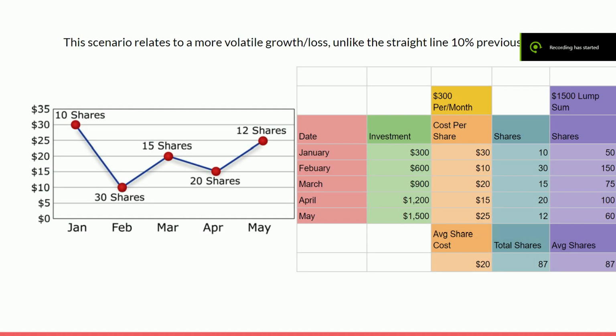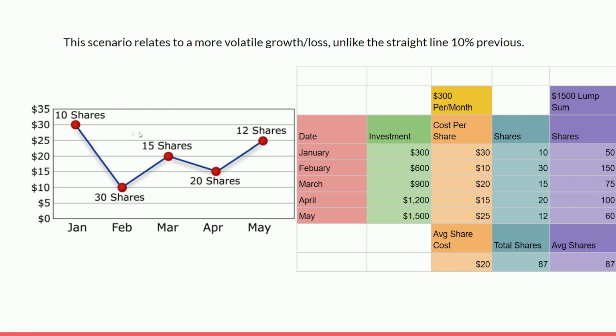Whereas in this scenario we have a more volatile market, and the trend is not a straight line of 10% every period. Where it was years in the previous one, now it's months. So in this one, if you were doing a dollar cost averaging method, which is investing a certain amount per period, essentially a 1/n proportion of your lump sum, so if it's for 5 periods, it's 1/5, which is 300 per month.